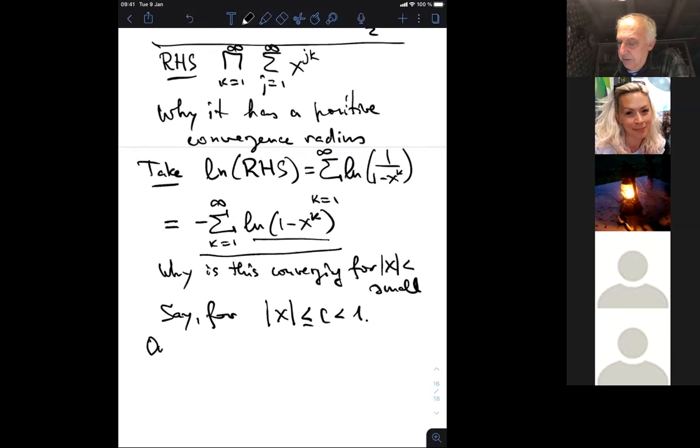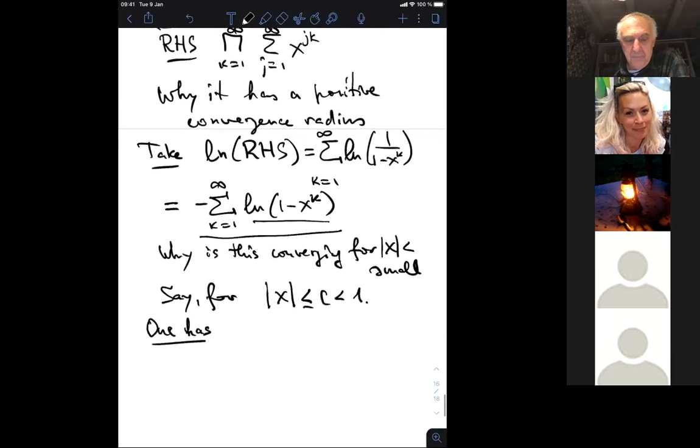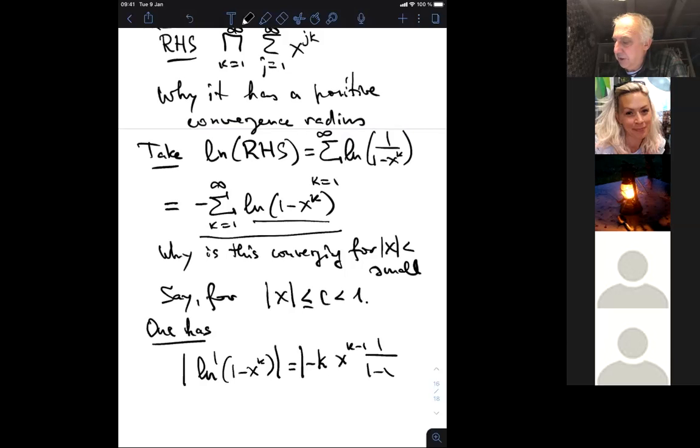So one has the following estimate. So the absolute value of the derivative of log of 1 minus x power k. So first of all, this derivative equals the absolute value of minus k times x power k minus 1 divided by 1 minus x power k.